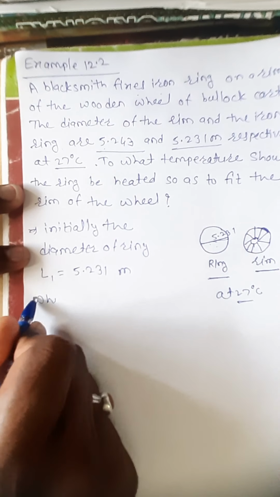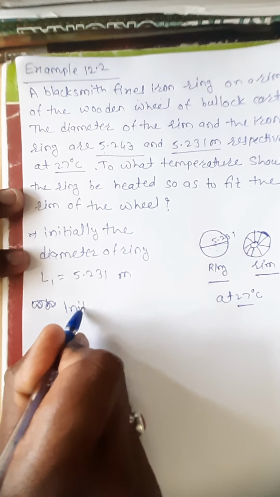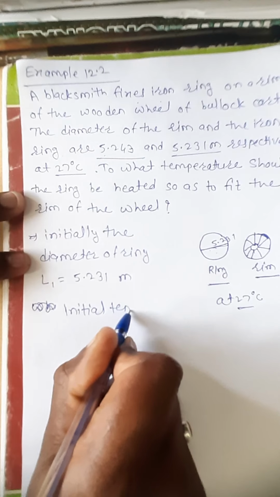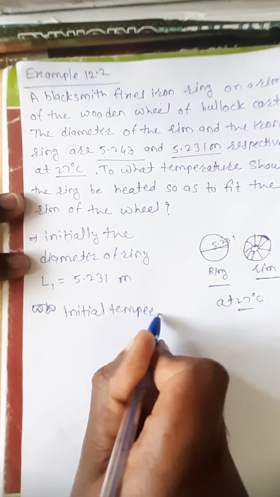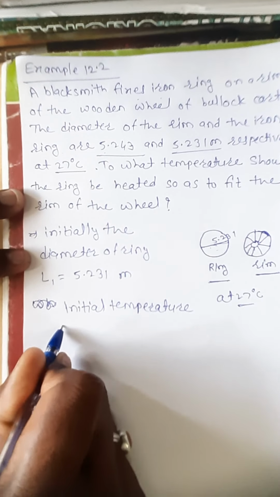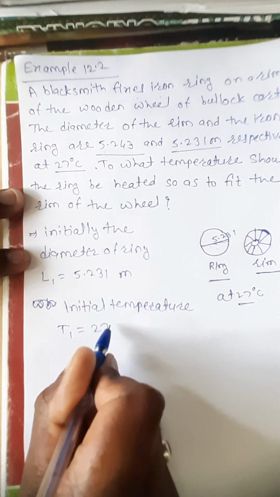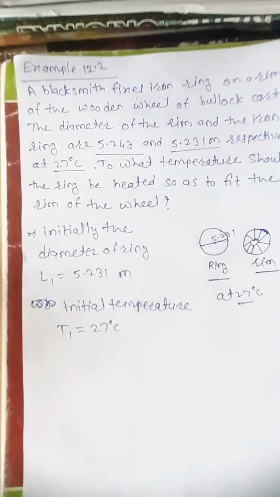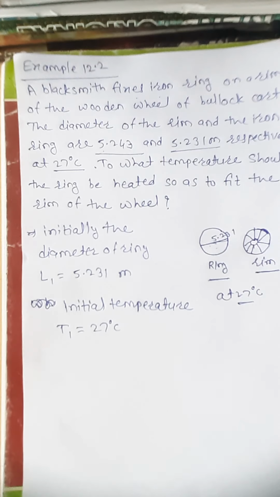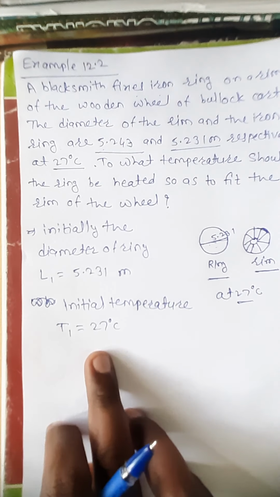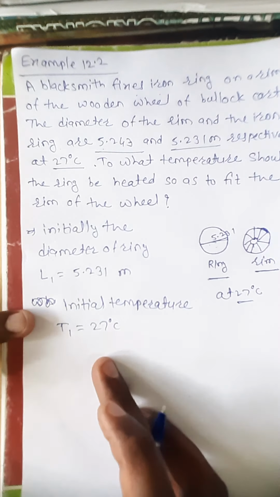The initial temperature T1 is equal to 27 degrees Celsius. The initial length of that ring is 5.231 meters and the initial temperature is 27 degrees Celsius.